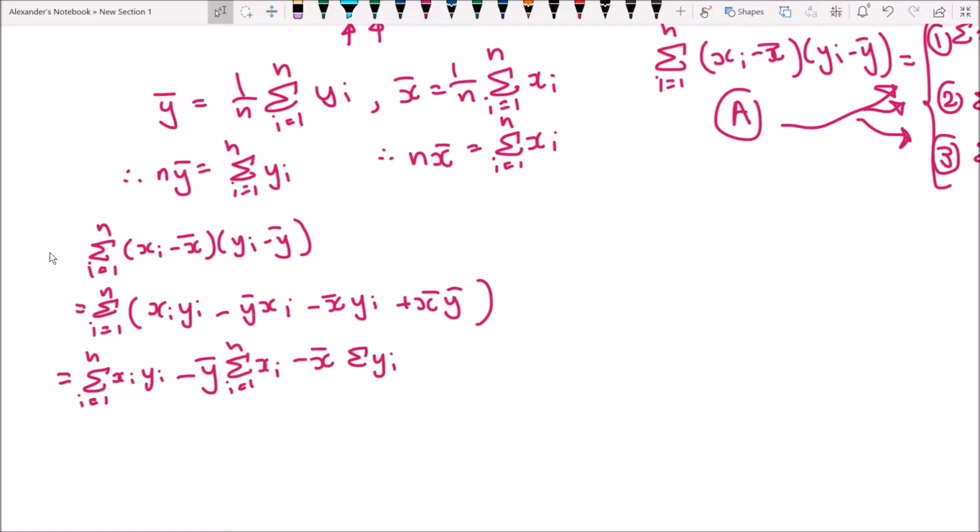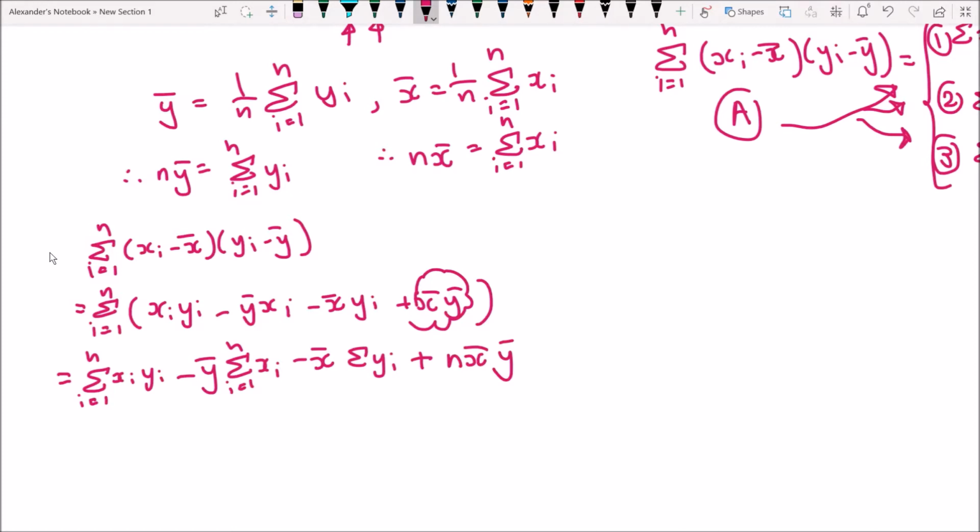I'll just leave out the from i equals 1 to n for this example because it will speed up the process, but do remember to include it in your writings, or at least say that you've left it out, so that your professor or teacher is clear that you have left them out to simplify your derivation. Plus, this is the summation of n of these terms, so we know that's just going to be n x bar y bar.